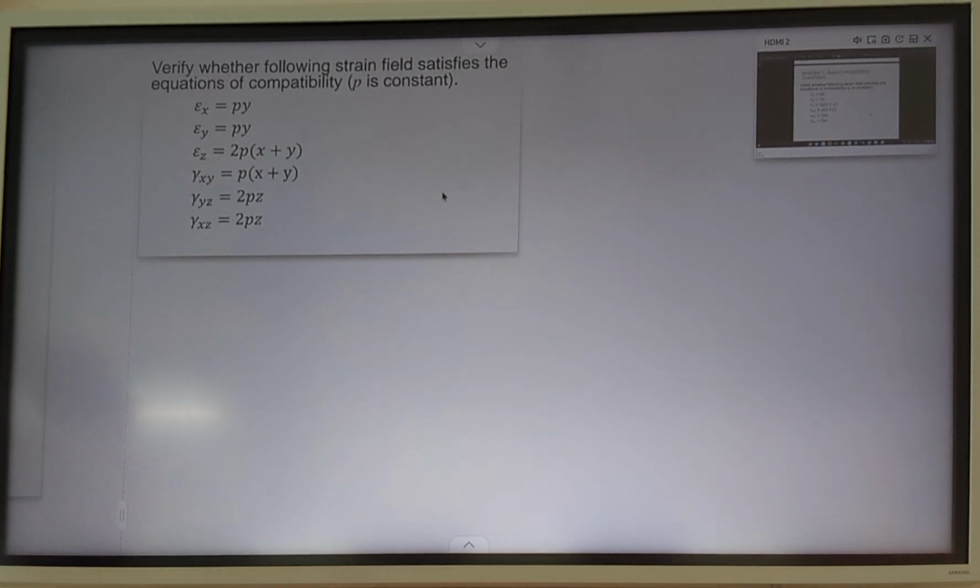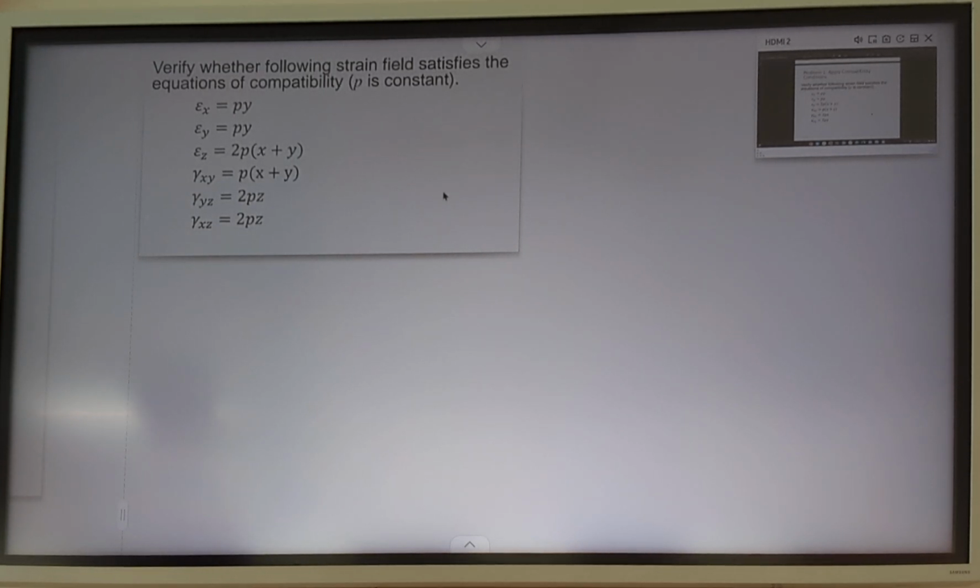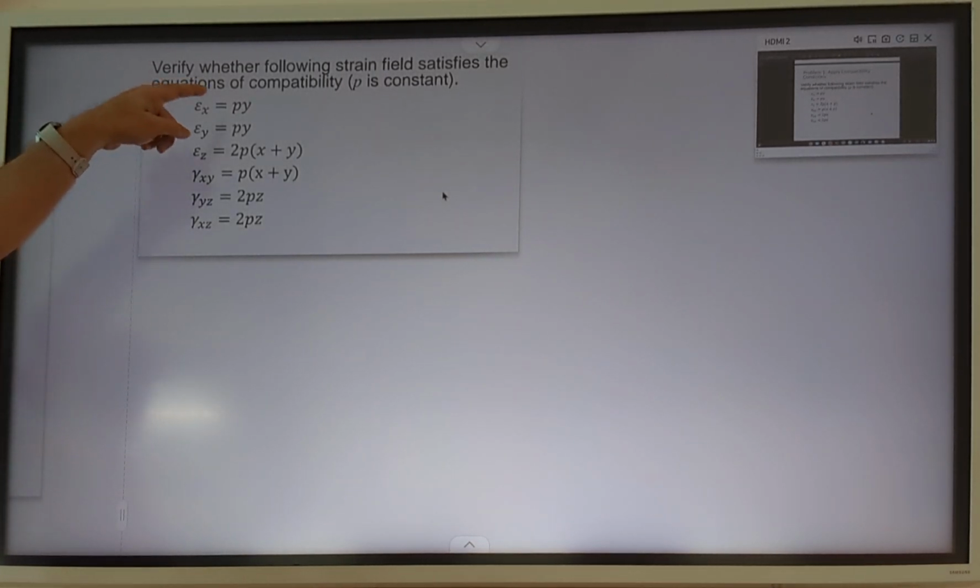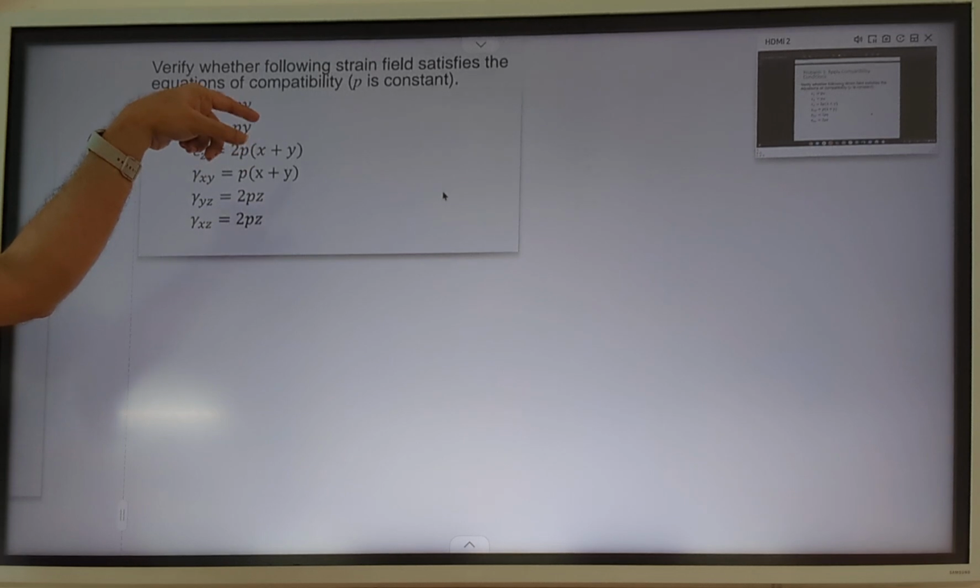Okay, so in this case, somebody using some analytical model, since there are different techniques to obtain deformation of a body, has done some analysis and found that in that particular body the strain field is as given here.